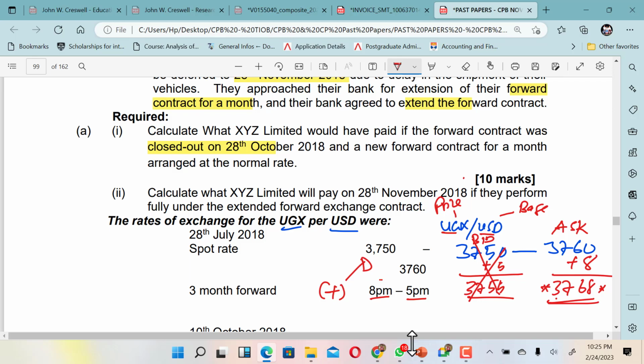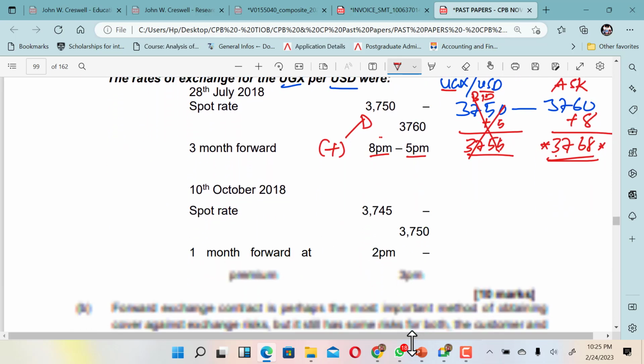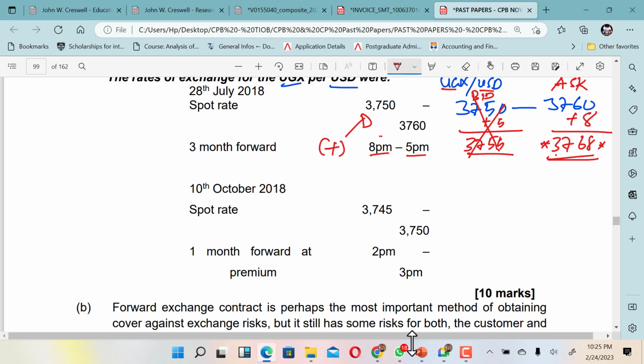Now, how am I going to close out this forward contract? It's easy. Number one, the bank will sell USD 400,000 at a rate of 37.68, which is the agreed forward rate.